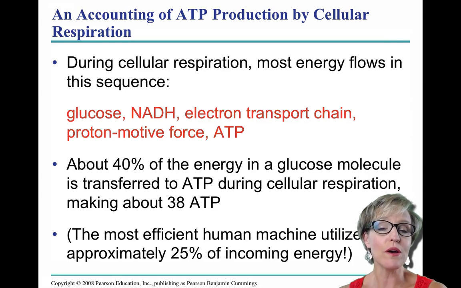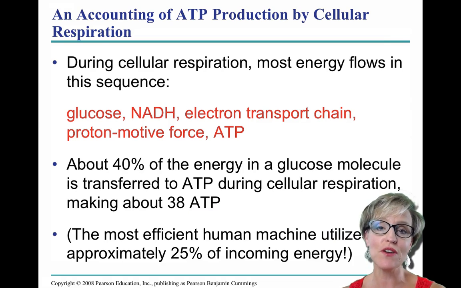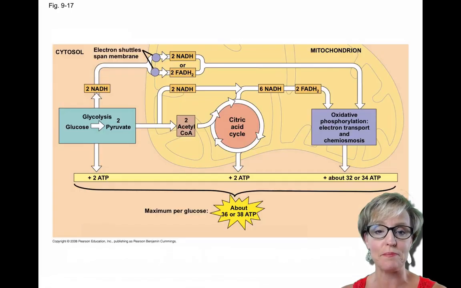So where did the rest of the energy go? Well, most of the rest of the energy went off as heat. You are an endotherm. Your body remains warm. Well, the warmth is coming from the heat inefficiencies of the aerobic cellular respiration pathway.